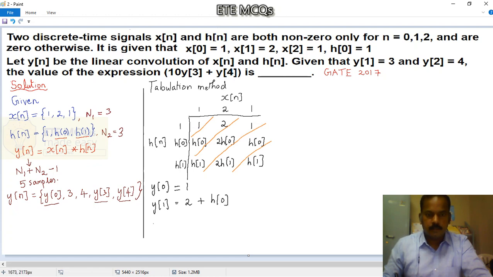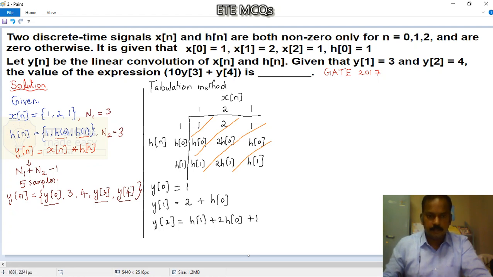And what is y of 2? Y of 2 is equal to h of 1 plus 2 times h of 0 plus 1. And what is y of 3?